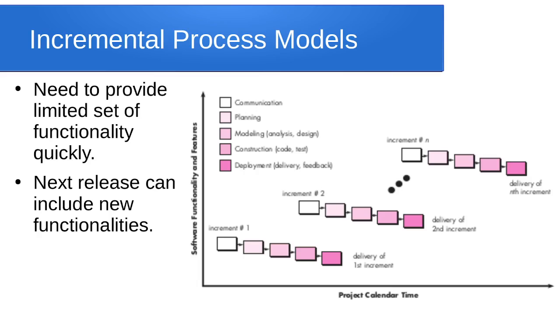So here you will see the combination of linear and parallel processes. In a way, let us talk about the first increment. What is happening? You start with the communication phase. After communication, planning is done, modeling is done, construction is done, and then deployment is done.